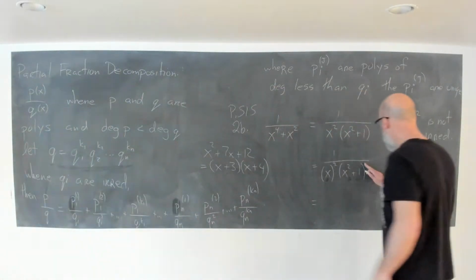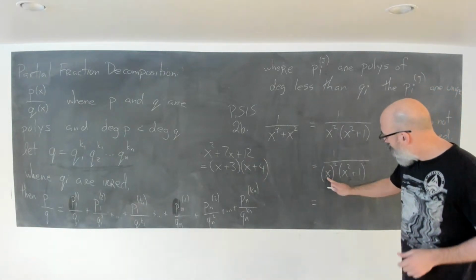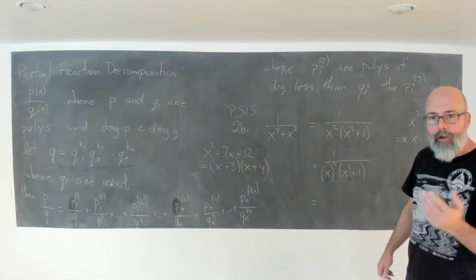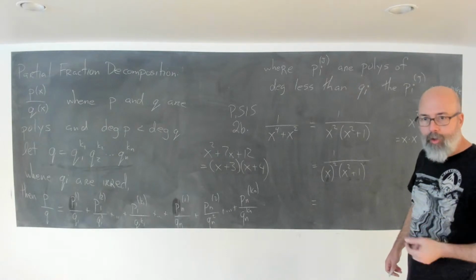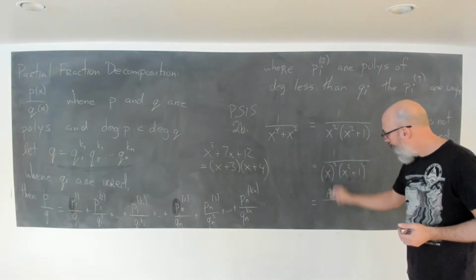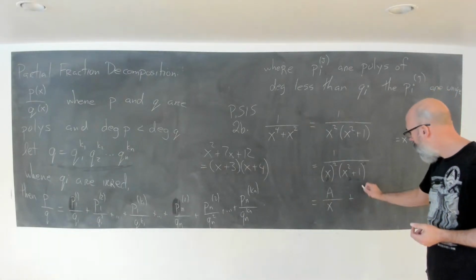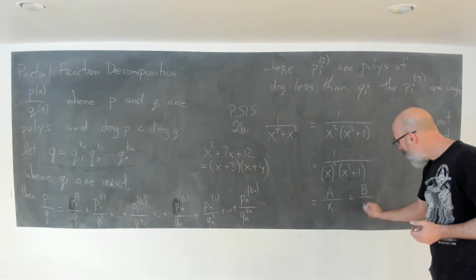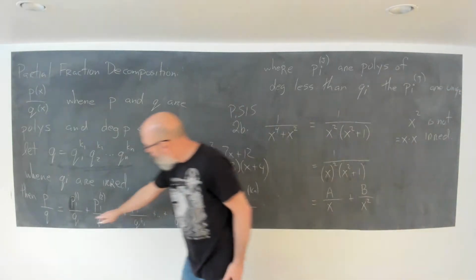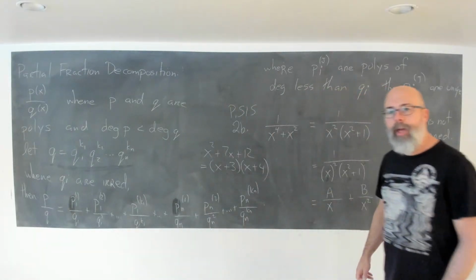Partial fraction decomposition says concentrate on the first irreducible polynomial. So polynomial of degree 1. So we're going to search for a polynomial of lesser degree. Less than 1. The only possibility is 0. So a real number over x plus another polynomial of degree 0 over x squared, and you continue until you've exhausted the power. That's what's happening here. Q1 squared, Q1 cubed, all the way to Q1 to the K1.